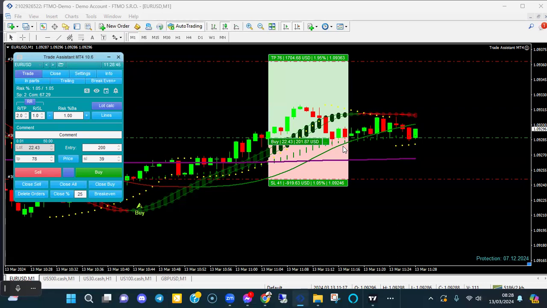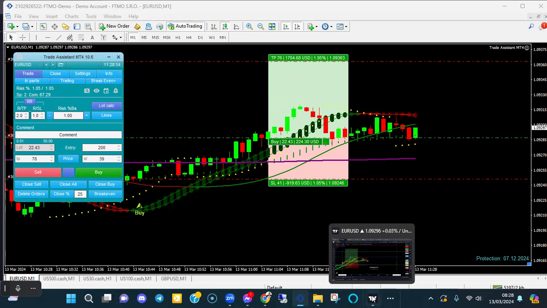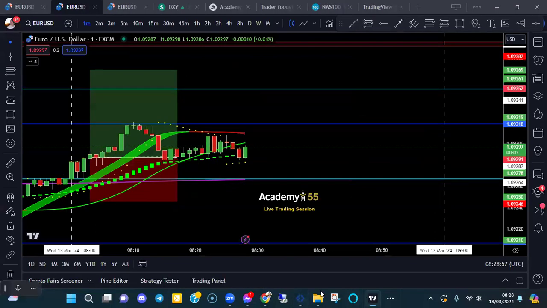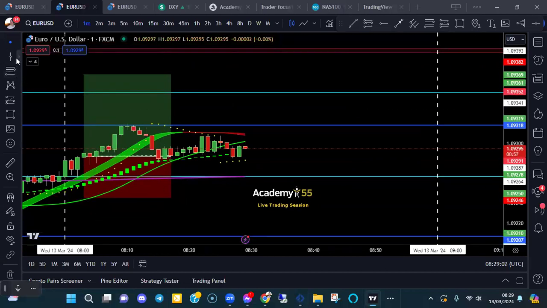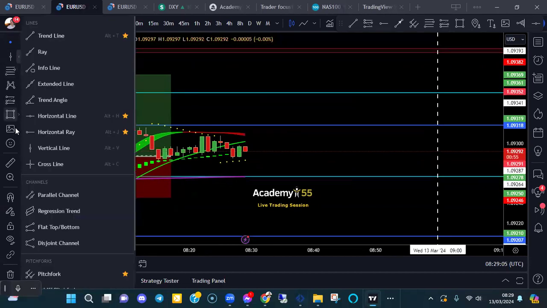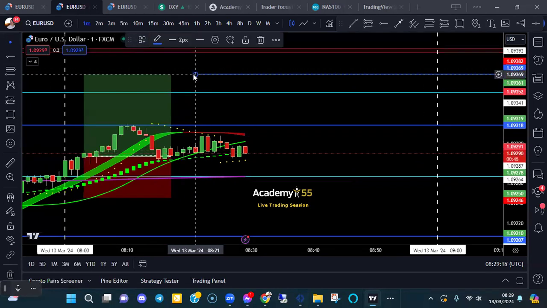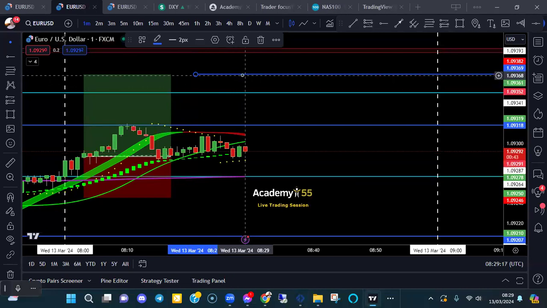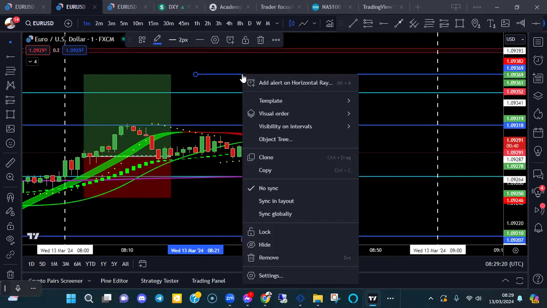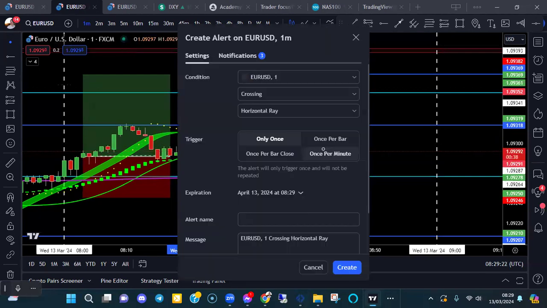And indeed, if you do want to walk away from the screen completely, what you could do is we'll go to TradingView, and what we could do is get a line, a horizontal ray, put it equidistant with your take profit area, and you could right click and add an alert.